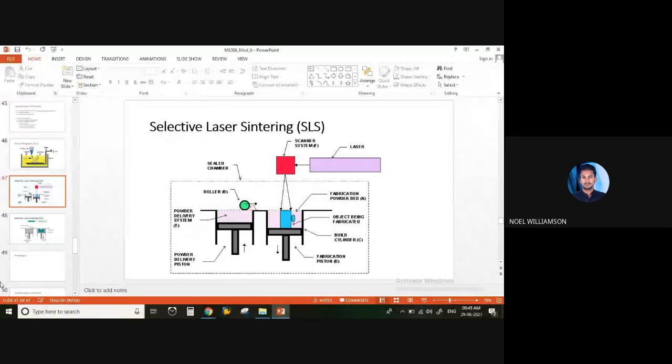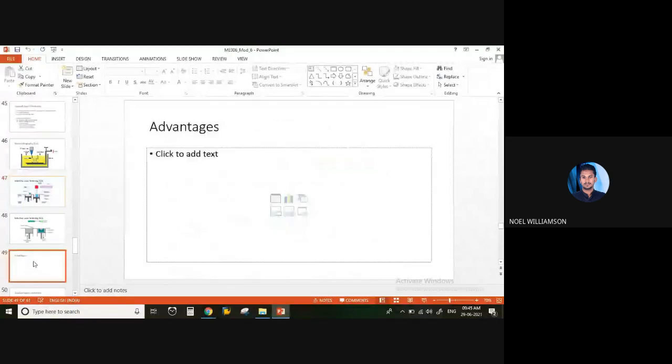Now regarding the advantages, disadvantages and all. First of all, you can see the advantages. What is the advantage of selective laser sintering? First one, the process is quick.